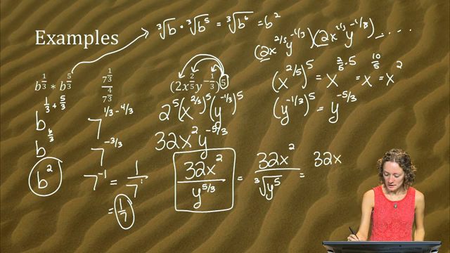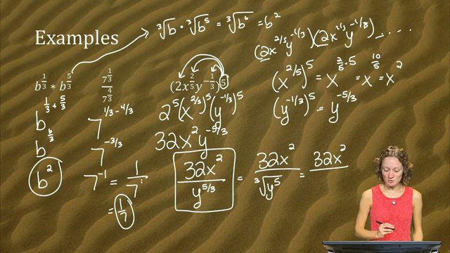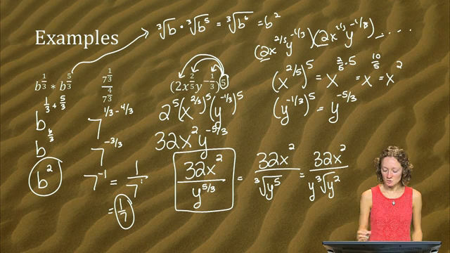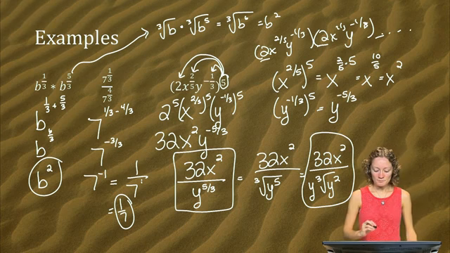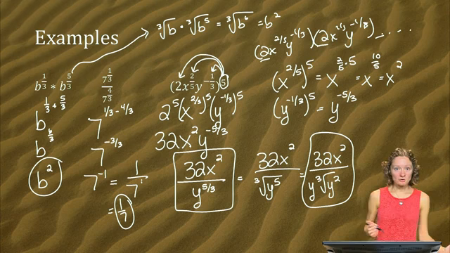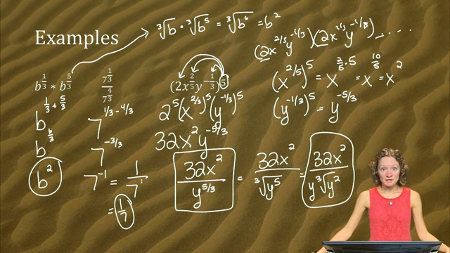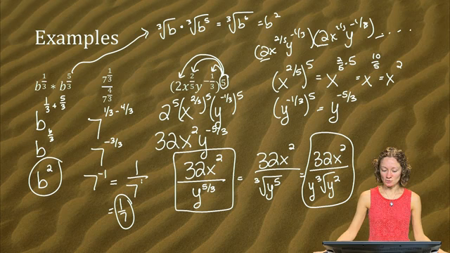So you could also write this as 32x squared over a y that came out, cube root of y squared. If you're not sure which route to go, check in the directions. There should be some sort of specification, and if there's not, then either presentation of answer would be just fine.